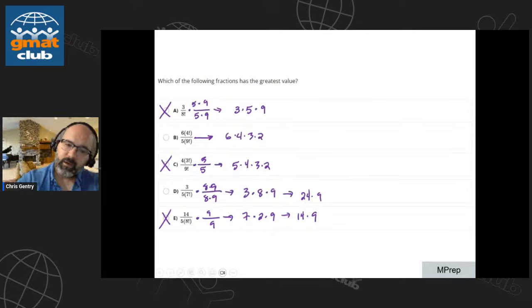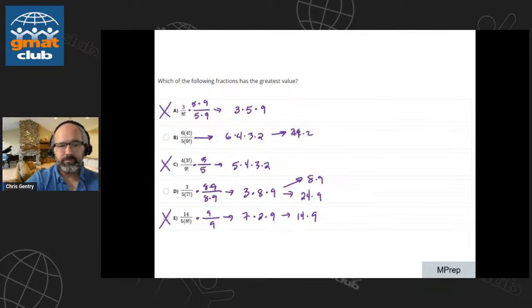So here I'm really just looking at 8 times a 9 when I'm comparing B versus D, and then 12 times a 2. And 8 times 9 is going to be a lot larger than 24 times 2 rather. But 8 times 9 will still be larger. I'm going to be left with it.